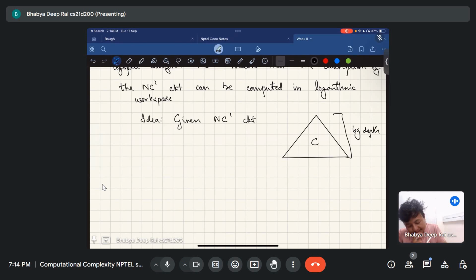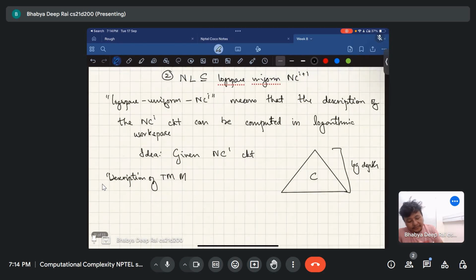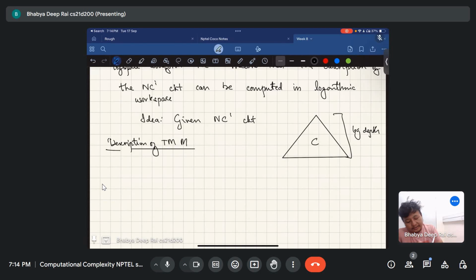Here is the description. I want to show that it is in L. I need to construct a deterministic log space machine. Description of Turing machine M. Input is, suppose say x, length of x equals n.